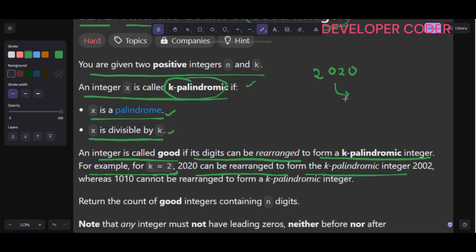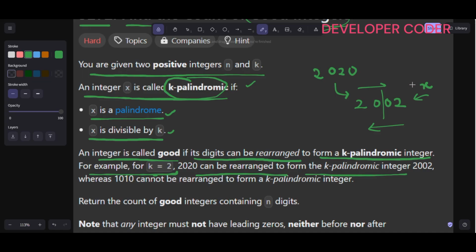If I rearrange the digits of this number, 2 appears two times and 0 appears two times. So first of all, this number x is palindromic. If you read from left to right and from right to left, it is the same number. Now we have to check if it is k-palindromic.